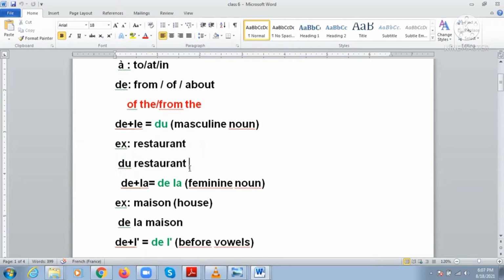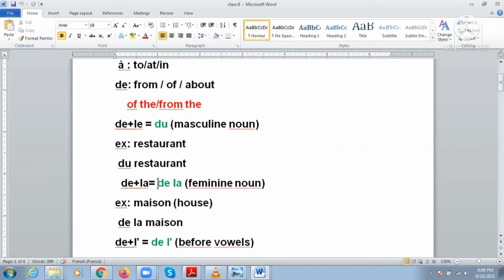We always use them according to our need. If we have to use of the, from the, then we will use a contracted article. If we have to use a restaurant, we will use an indefinite article. And if we just have to use the restaurant or just restaurant, then a definite article. Okay? So it always depends upon the requirement and circumstances.